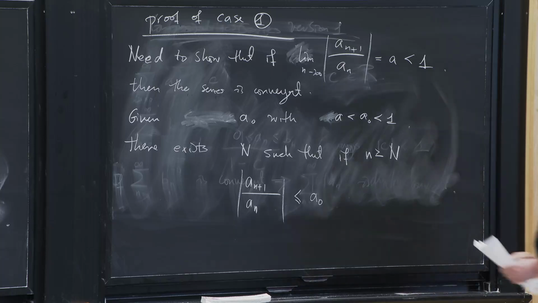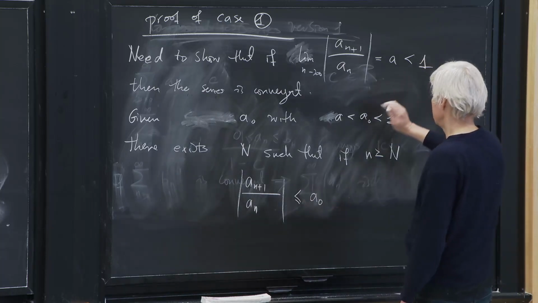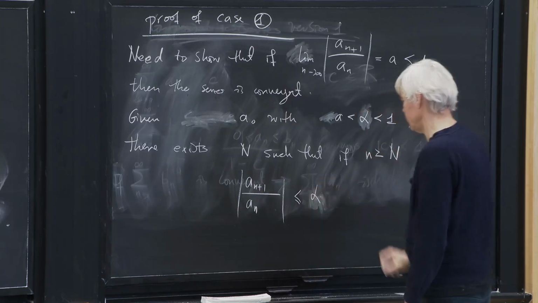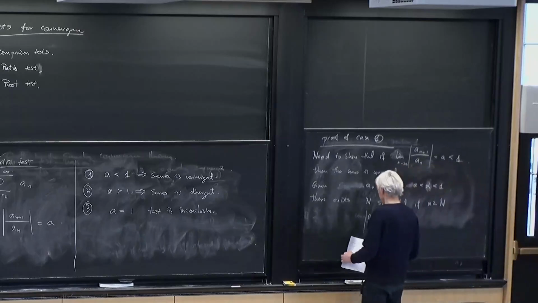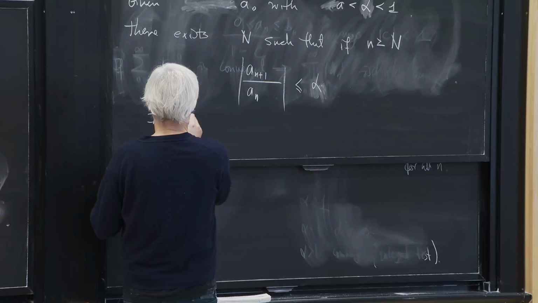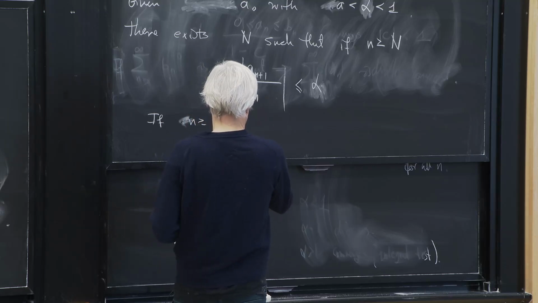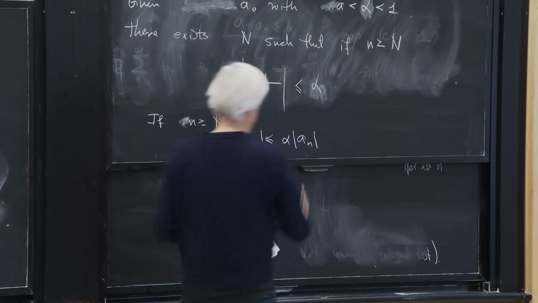Okay, so maybe I shouldn't call it A0 because there are too many A's now. Let's call it alpha to make it look much more distinct. So in other words, if n here is bigger than this capital N, then just multiplying over, you have that absolute value of an plus 1 is less than alpha times absolute value of an.